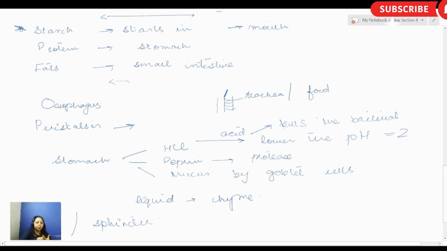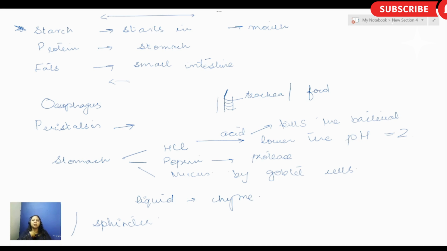So sphincters are present between the esophagus and the stomach, and between the stomach and the small intestine. If the sphincter between the esophagus and the stomach opens, that will result in reverse peristalsis.